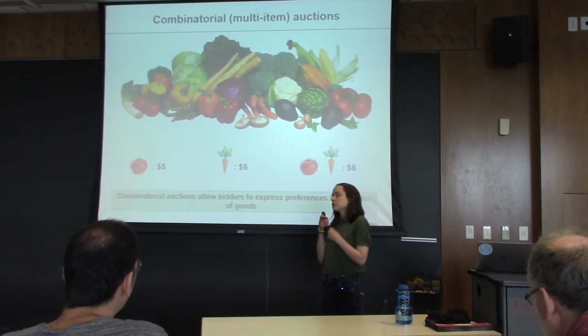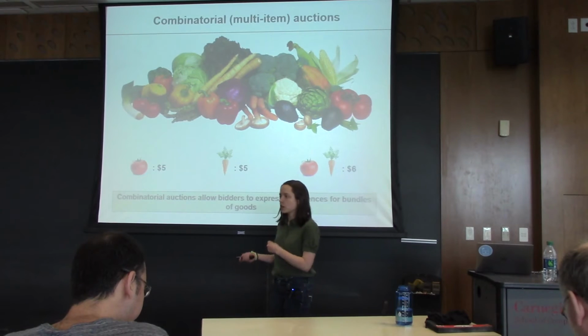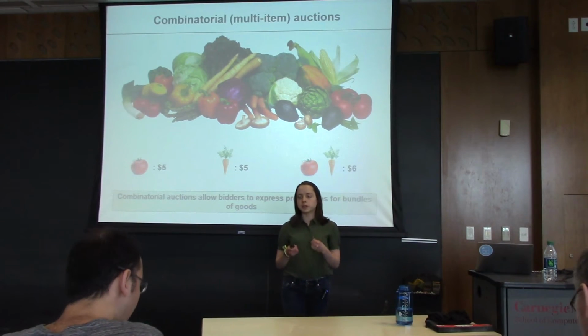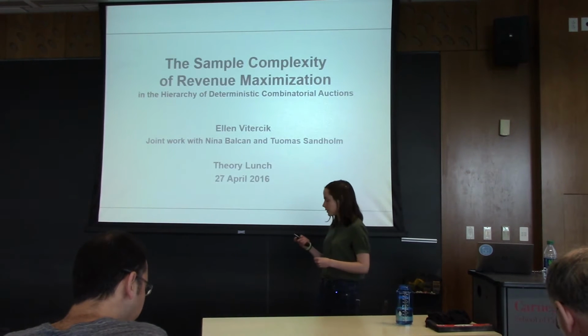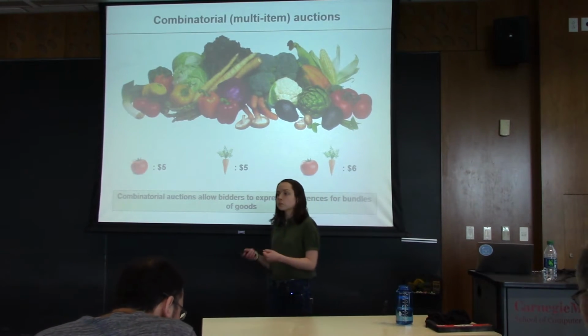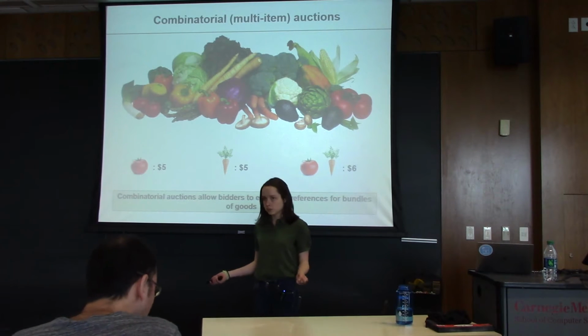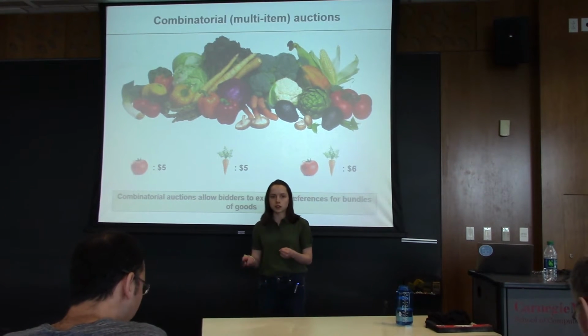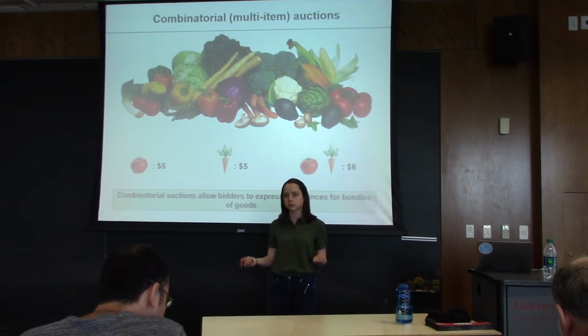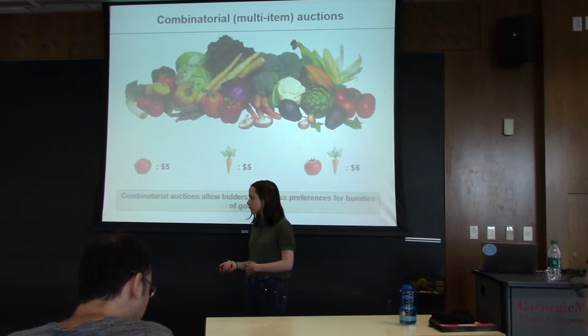So in the most complex extreme of a combinatorial auction, the auctioneer would allow the bidders to submit valuations or bids for all 2 to the n bundles. And then the auctioneer would solve for the best allocation, whatever best might mean in this scenario.